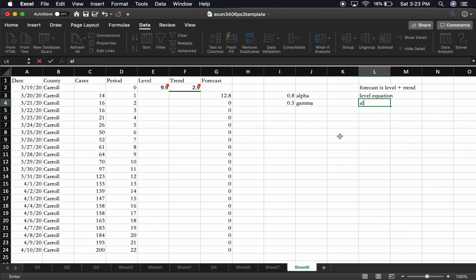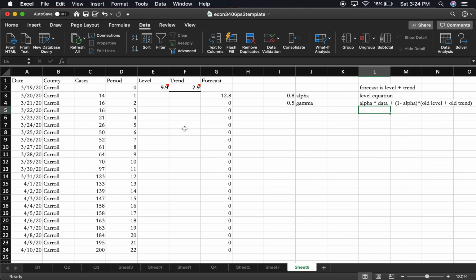Alpha times the data. This is the exact same methodology that you use for single exponential smoothing, plus 1 minus alpha times, really this is the forecast, but it's the old level plus the old trend.